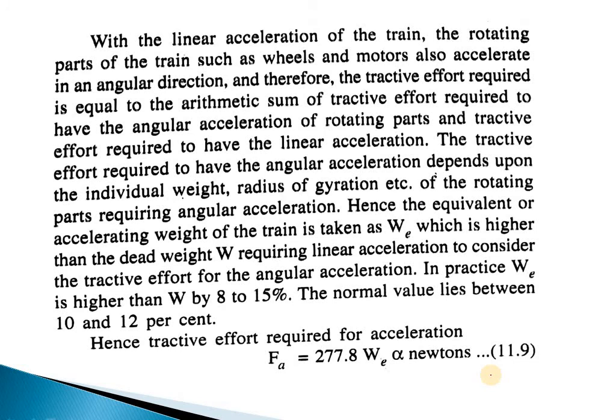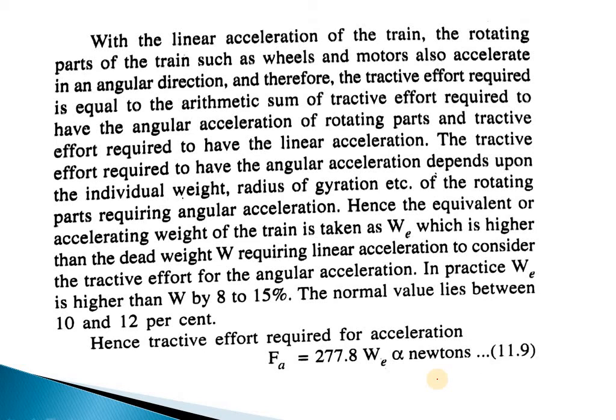With linear acceleration of the train, the rotating parts of the train such as wheels and motors are also accelerated in an angular direction. That means a train is not subject only to linear acceleration, it also has some angular acceleration. Therefore the tractive effort required is equal to the arithmetic sum of the tractive effort required for the angular acceleration of rotating parts and the tractive effort required for linear acceleration.